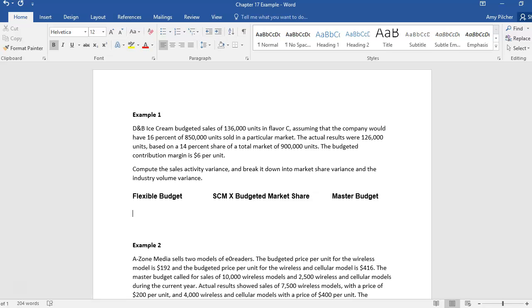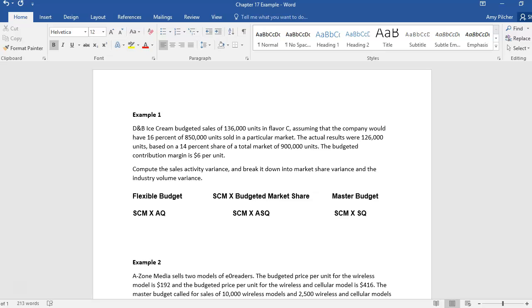With our flexible budget, we have our standard contribution margin times the actual quantity. For our standard contribution margin times the budgeted market share times actual industry volume, we have our standard contribution margin times the actual standard quantity. And for our master budget, it's the standard contribution margin times the standard quantity.